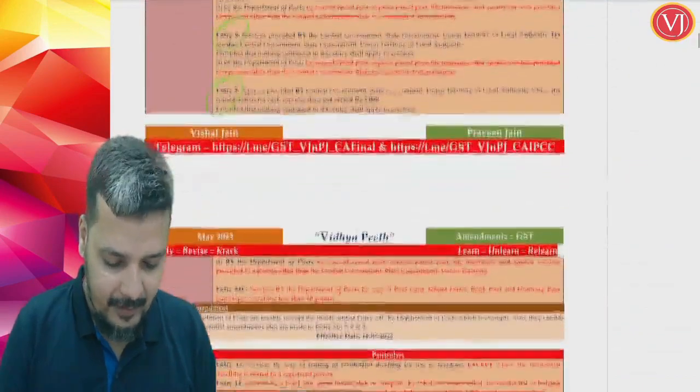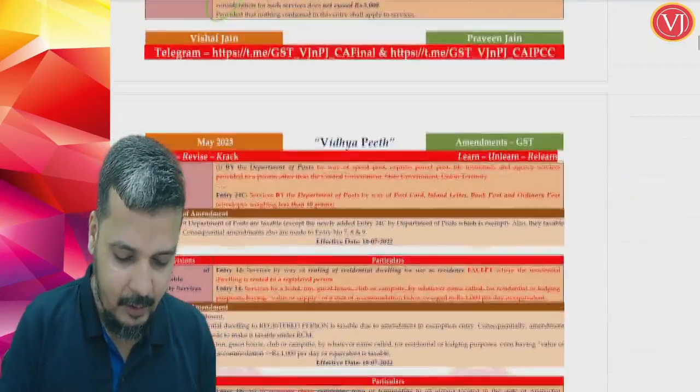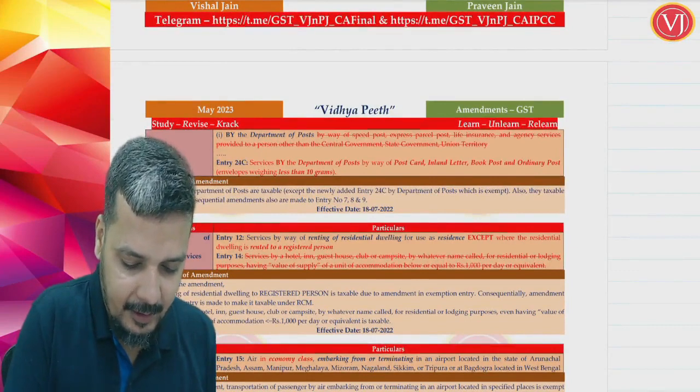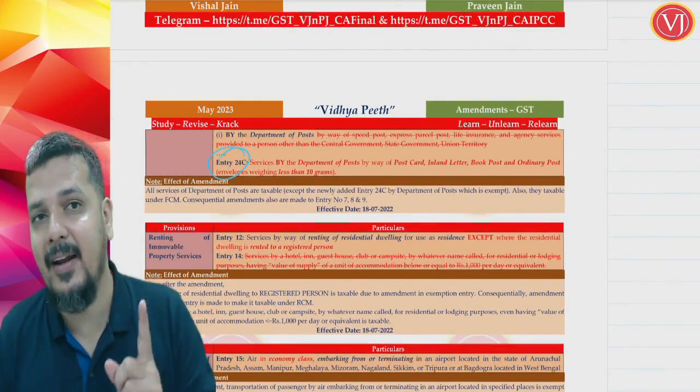Now they have brought out a new entry, entry 24C, and they are telling when it is exactly exempted.